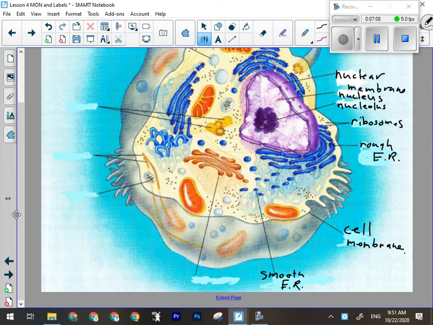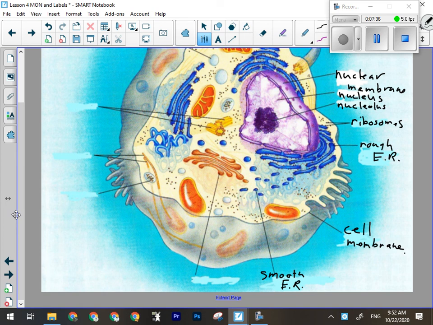It's going to detoxify poisons, a super important job that it does. Your liver cells are full of smooth endoplasmic reticulum. It's going to help with the synthesis and distribution of fats and lipids, so that's how membranes get repaired, and that's its other job, to repair membrane. All of those things are taken care of within the smooth ER. So it's got a lot of jobs.